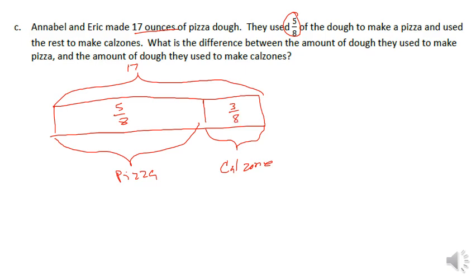Now, what was the difference between the amount of dough they used to make pizza and the amount of dough they used to make calzones? So now I've got to solve for each one of them. We're going to do this the same way we've been doing it. We're going to take 17 divided by 8, splitting into 8 to find a unit of 1, which is 17/8. 8 will go into 17 two times, with 1 left over.